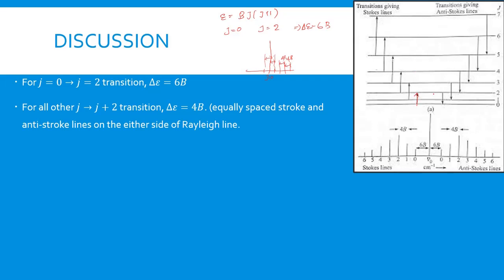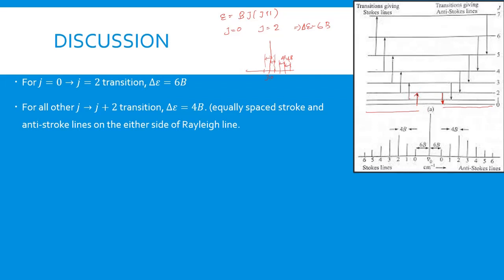So what we have here, in this picture, shows the rotational energy transition, that is 0 to energy 2 and coming back from 2 to 0. This part will give you the anti-Stokes lines and this part is giving you the Stokes lines.